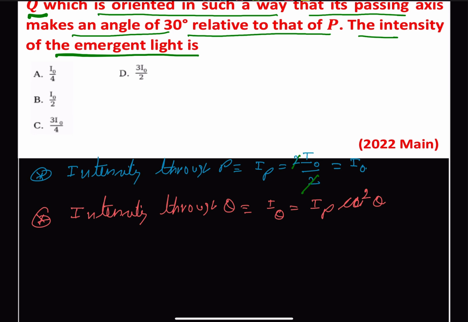Therefore we can say that IQ will be equal to I0 times cos square of 30. So this comes as I0 times cos of 30, which is square root of 3 divided by 2, and its whole square, which comes as 3 I0 divided by 4.